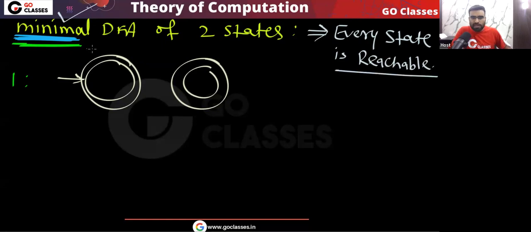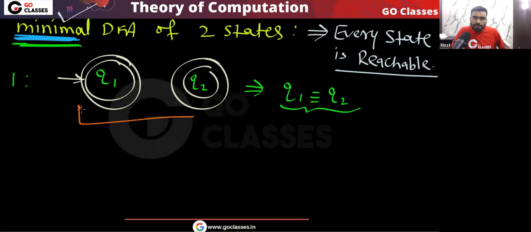Now, if both the states are final, then they will be equivalent. Q1 will be equivalent to Q2. So I can say it is not minimal.